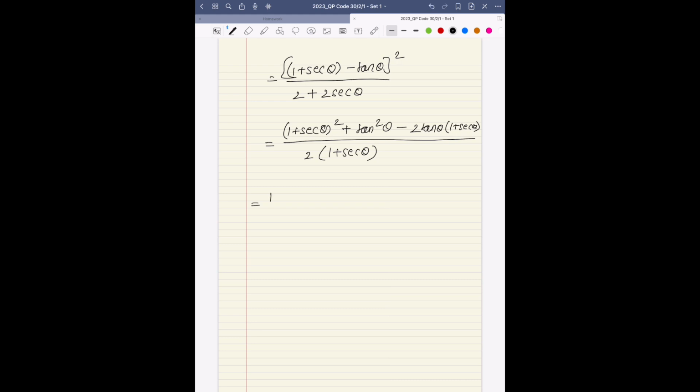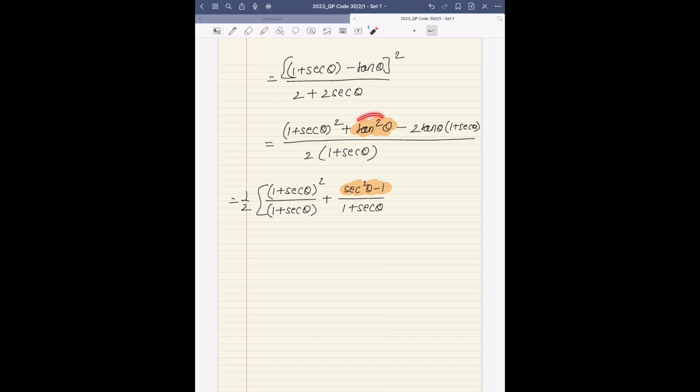Since 2 is common, let's take this outside so we can avoid writing it. (1 plus sec theta) whole square divided by (1 plus sec theta). I'm separating with the denominator. Tan square theta can be written as sec square theta minus 1, divided by 1 plus sec theta.